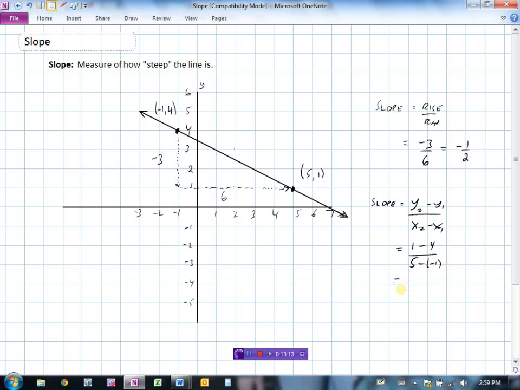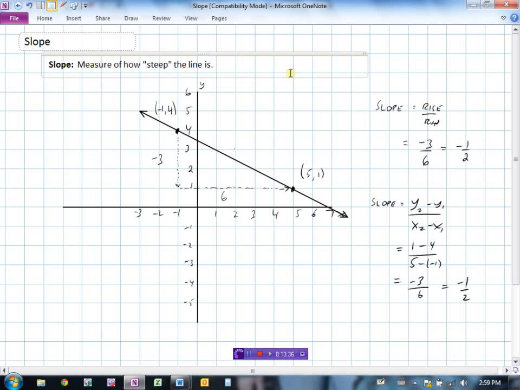And 1 minus 4 is negative 3, and 5 minus minus 1 is 5 plus 1, which is 6. We get that same slope, negative 1/2. So if when we move from left to right we go down, we're going to have a negative slope. If when we move from left to right we end up going up, then that will be a positive slope. And there's just a couple other unique cases that I'll show you here now.